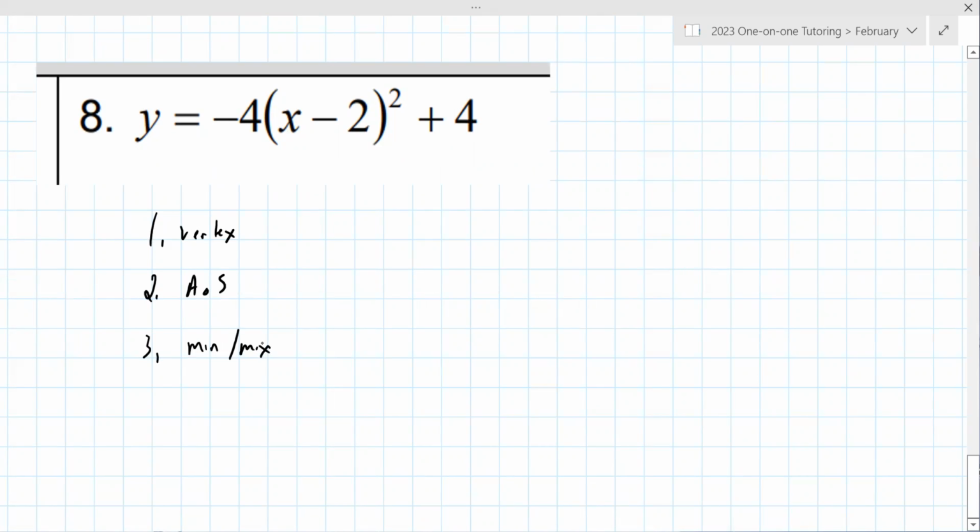Actually, no, we need to do transformations. I keep forgetting that. So start with the one inside the parentheses. So it moves right 2.